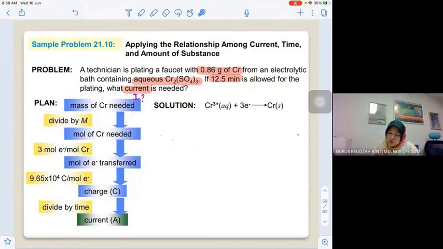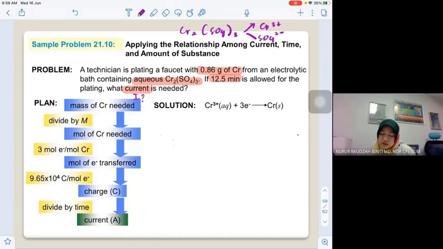To answer this question, you should know the products at your cathode. It is actually the chromium given in the question. So this is our electrolyte. We should know that when we have Cr2(SO4)3, our ions are Cr3+ and SO4 2-.